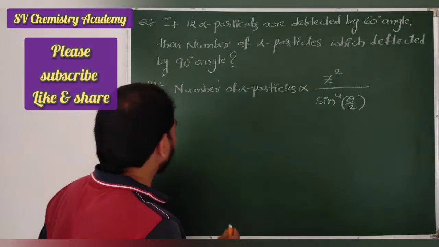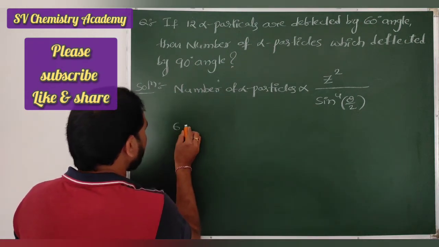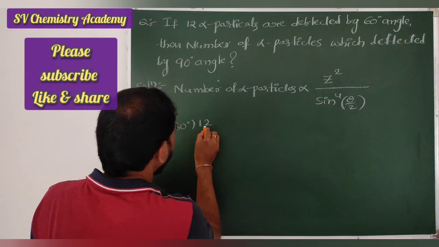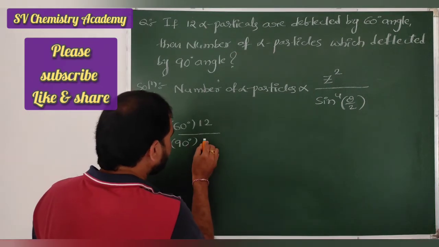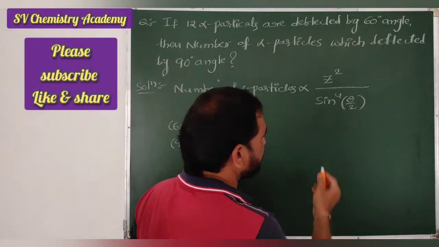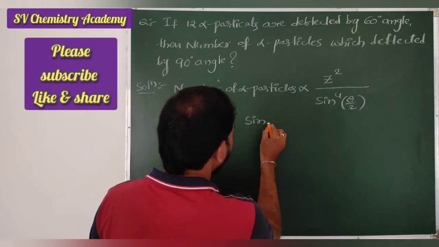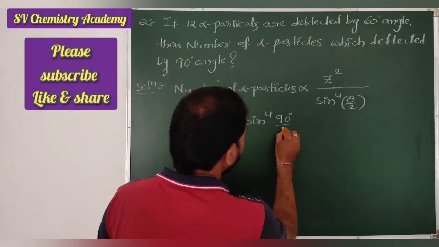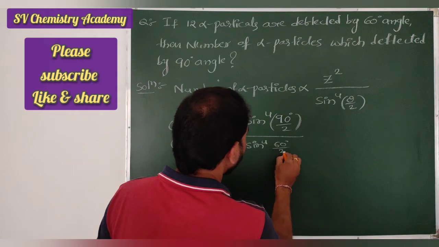Number deflected at 60 degrees is 12, divided by the number deflected at 90 degrees, that is x, equal to sine power 4 theta by 2, inversely. Therefore sine power 4 of 90 degrees divided by 2, divided by sine power 4 of 60 degrees divided by 2.